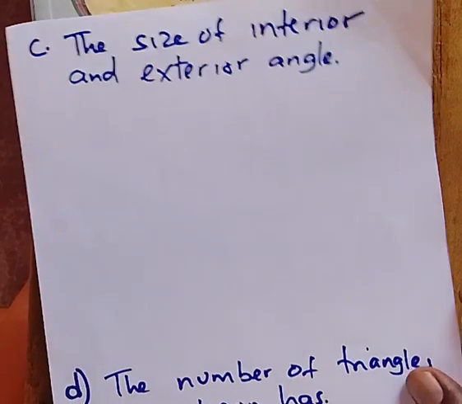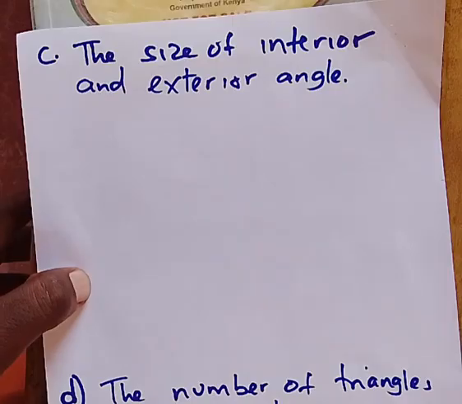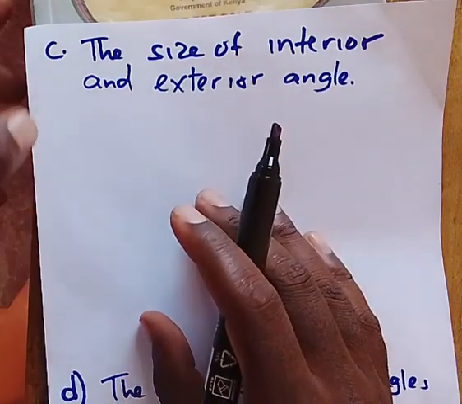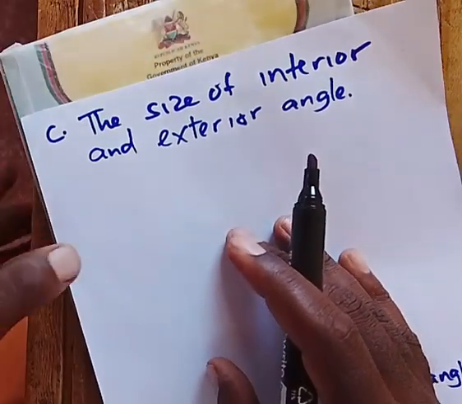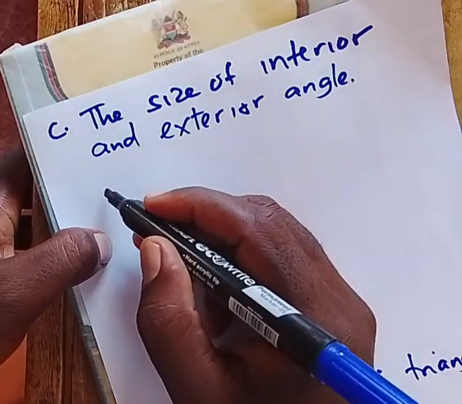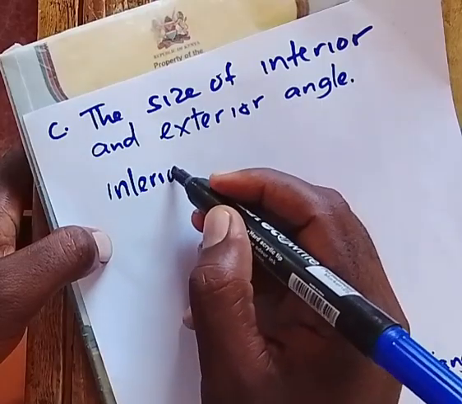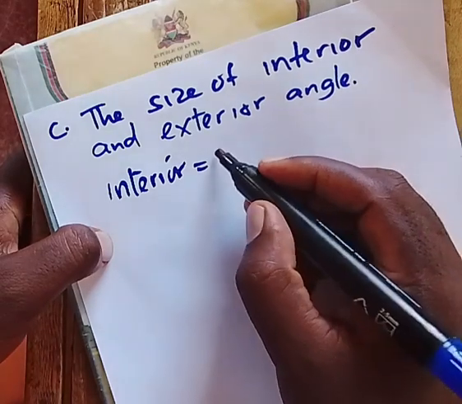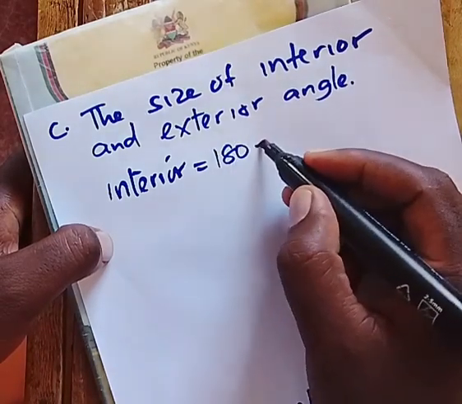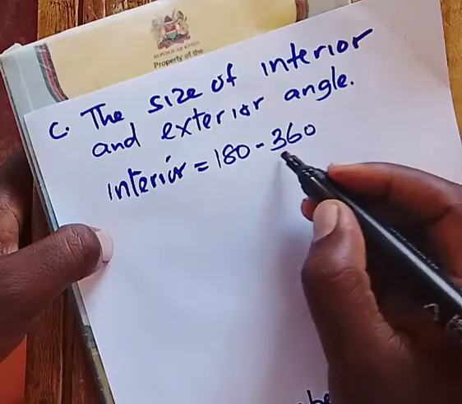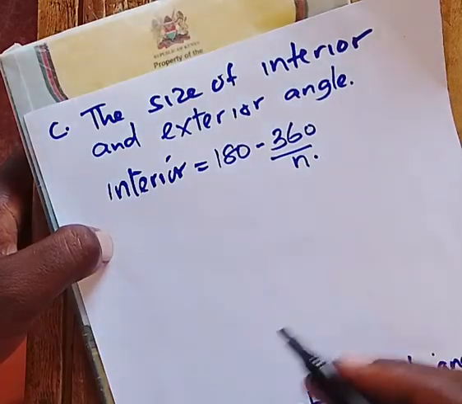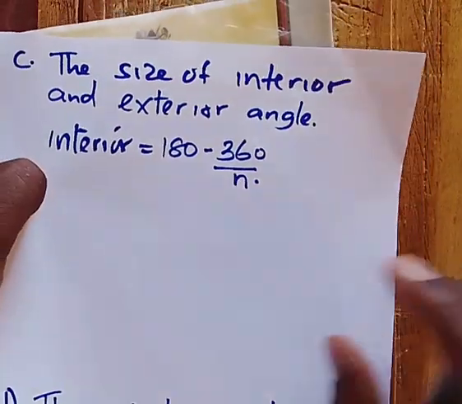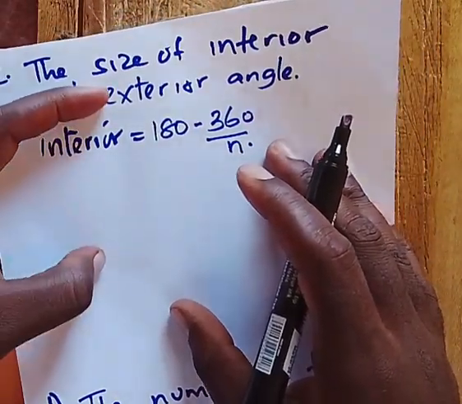of our question. Still looking at the same question. The size of the interior and the exterior angle. So we start with the interior. The formula for finding the size of the interior angle is given by 180 minus 360 over n, where n is the number of sides.